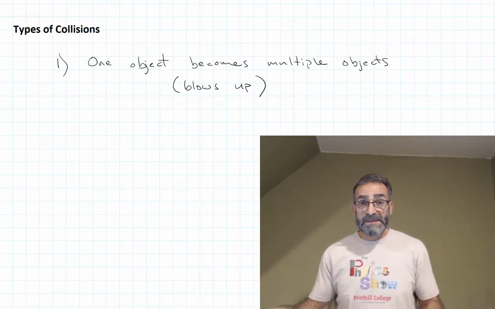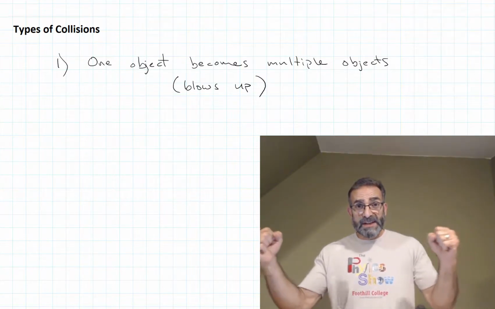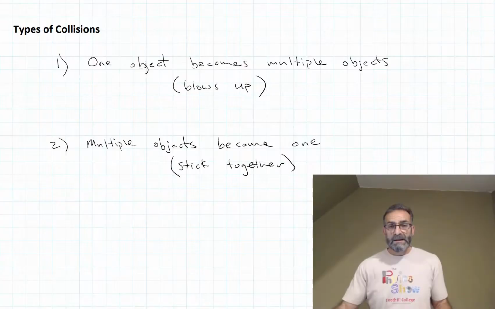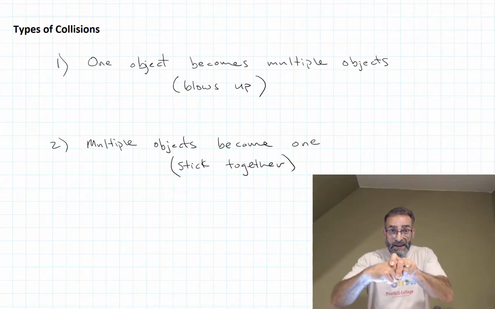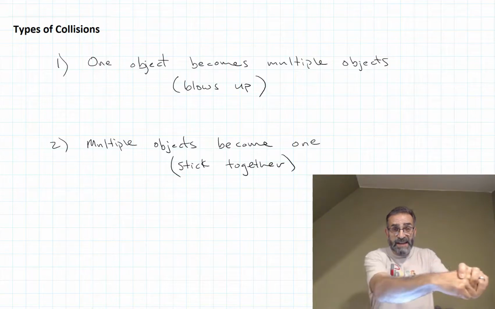The second thing that comes to mind when we think collisions is just the opposite, when things collide and stick together. When multiple objects become one. In other words, they stick together. This often happens in car accidents. Two cars collide, and then the cars get wedged together and move off in the same direction, stuck together.